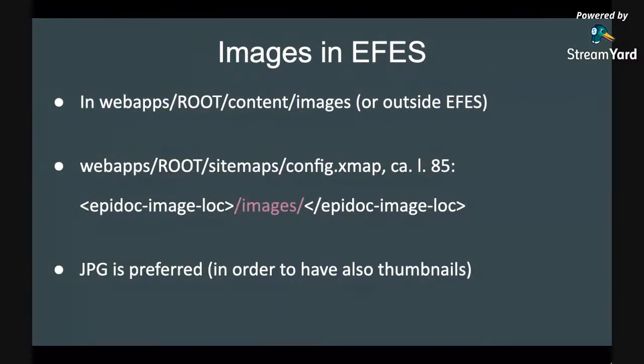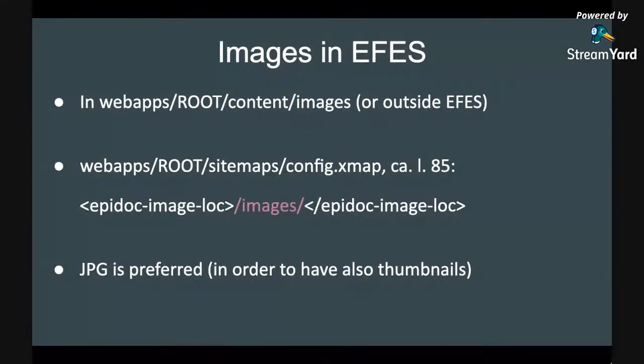And in EFES, we have default built-in handling of images. So by default, the images are stored in the images folder inside content, inside root, inside webapps. And when you download EFES, you can find some sample images already inside this folder. But of course, you can also decide to store your images elsewhere, even outside EFES.